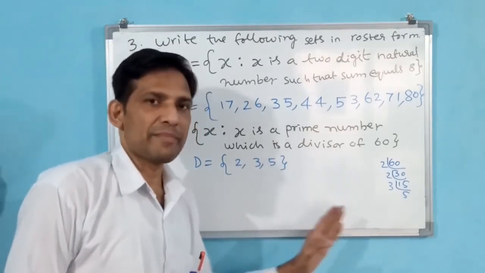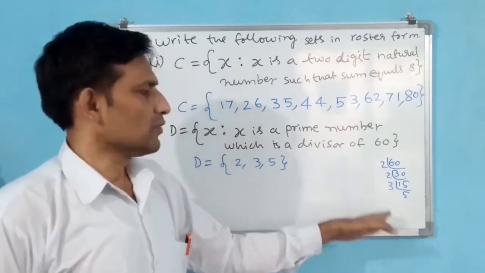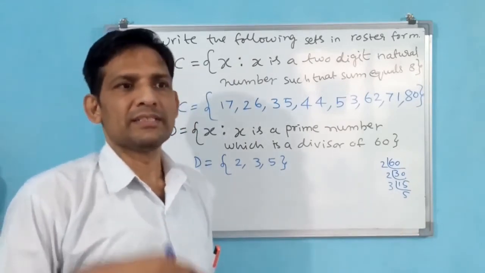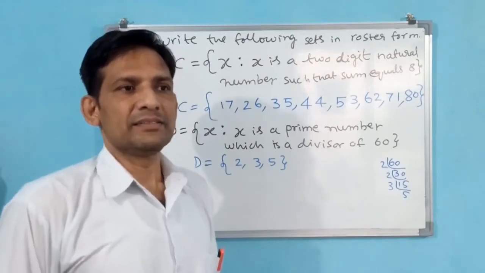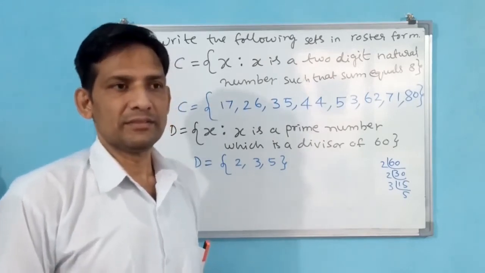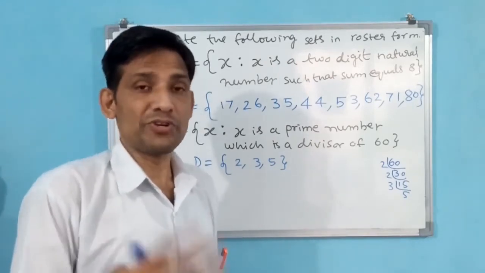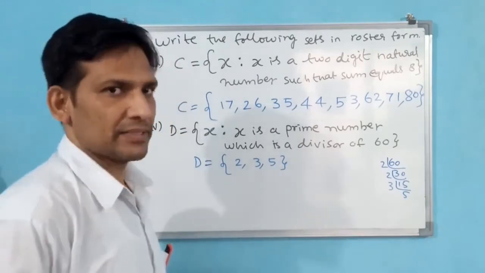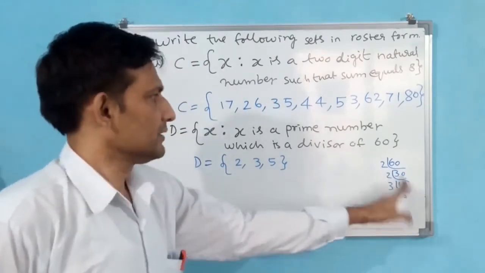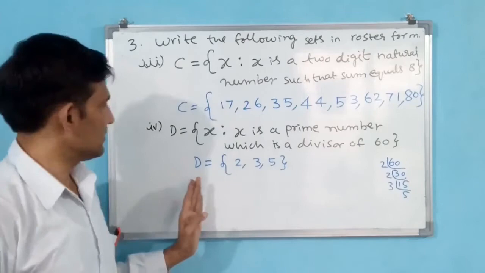Some other number will be the prime number. That is why 2, 3, 5, 7, 11, 13, 17, 23, 29 are the prime numbers. Divisors. This is the answer for this question.